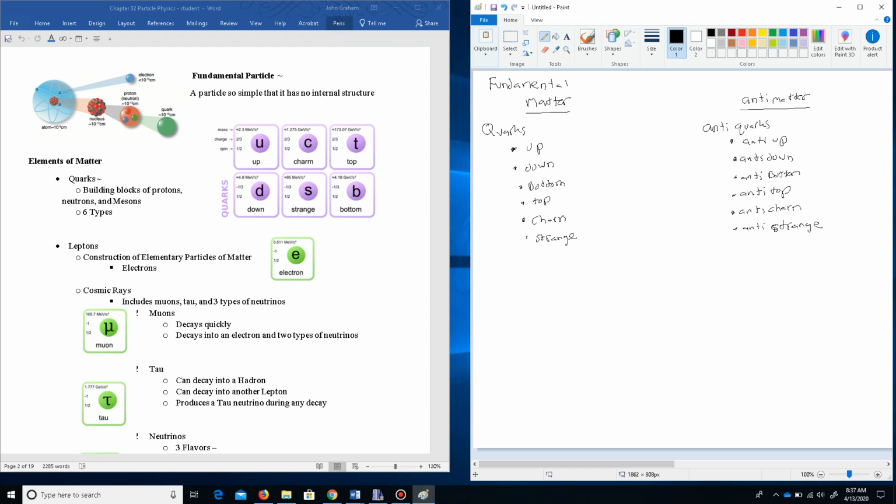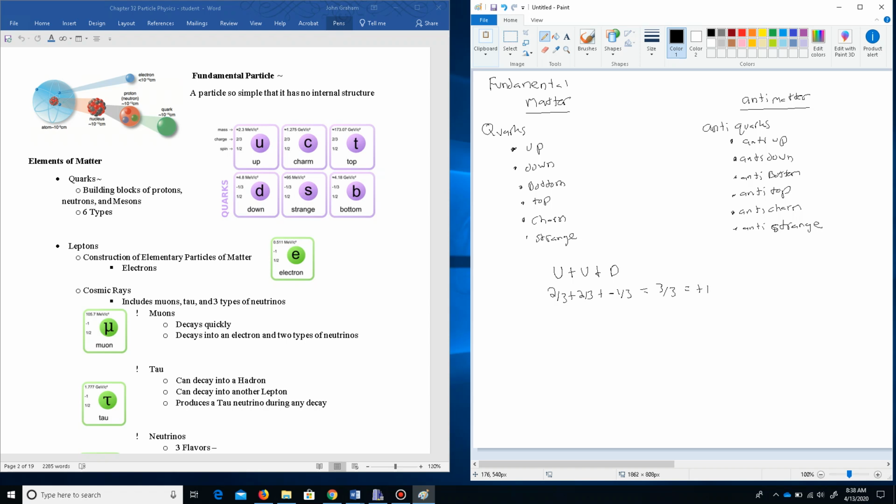So these 6. So if we look at 2 ups and a down, we're looking at 2/3 charge, 2/3 charge, and negative 1/3 charge, since down is negative 1/3 and the up is positive 2/3. So this gives you 2, 4, and 3 out of 3, which gives you a positive 1.